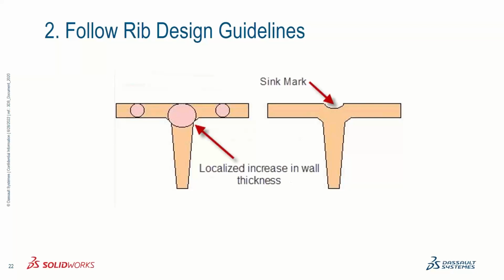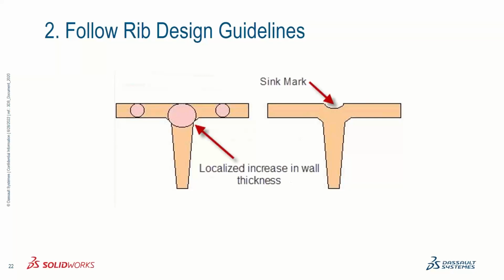Basically, what happens is at the base of the rib, you have this thick section, and as this thick section starts to cool down, if you don't have sufficient material packed into this area during the first and second stage of injection, the plastic will shrink upon itself and basically pull away from the mold surface, and you will end up with a depression or a sink.